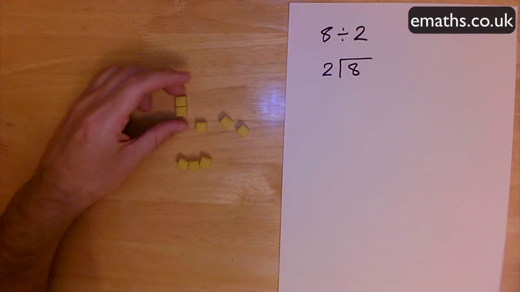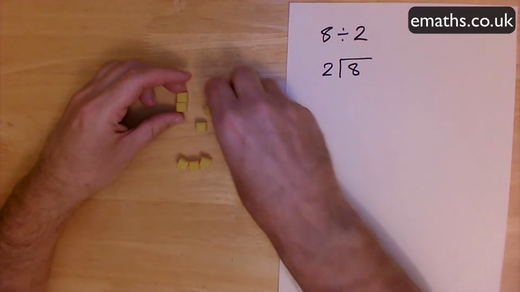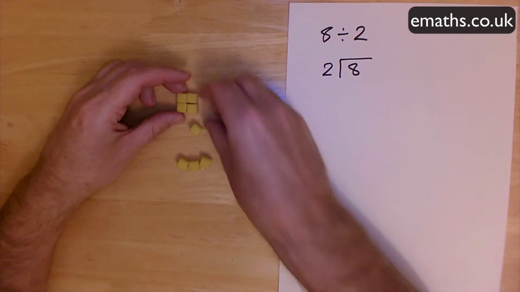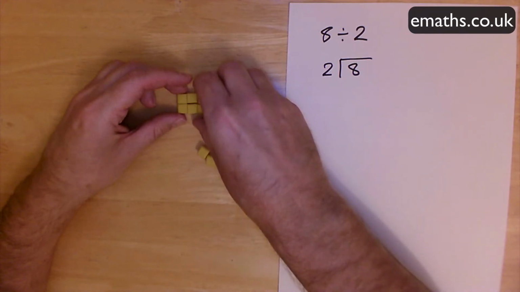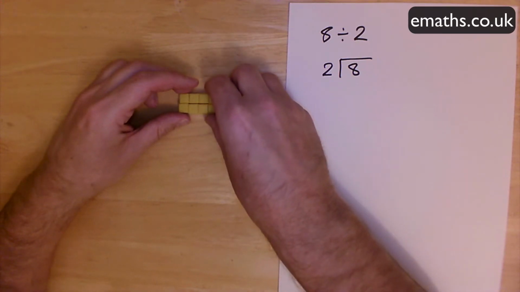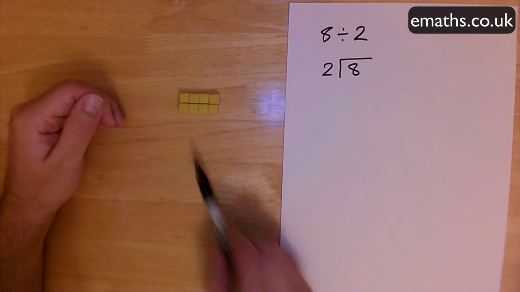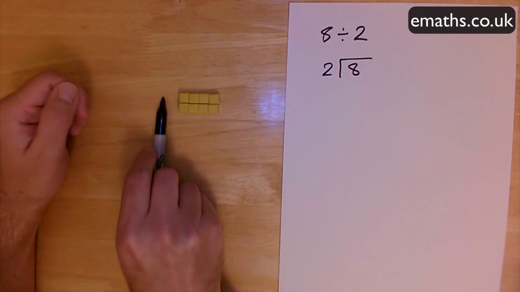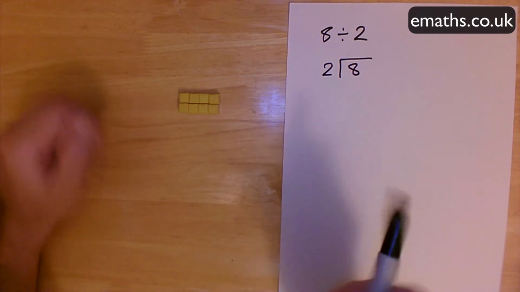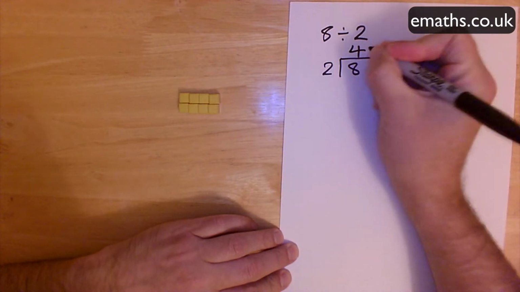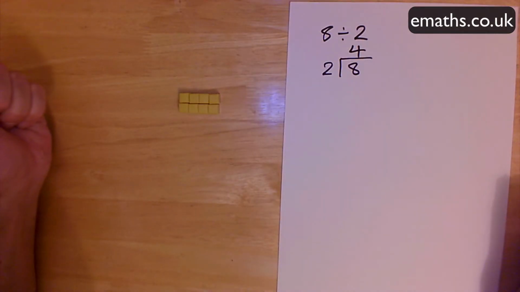So I can make one of the lengths equal to 2, and then as long as I keep that length 2 and I create a perfect rectangle, I will then find the factorised form and find the other length. So I have one length equal to 2 and the missing length is 4, and I can label the missing length.